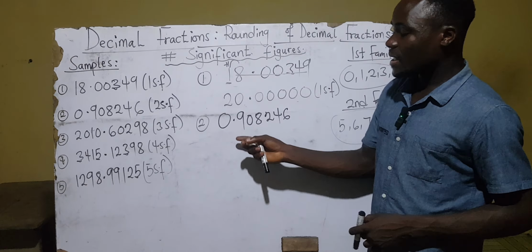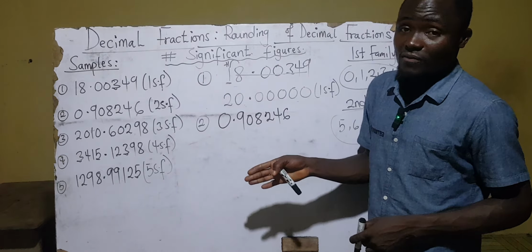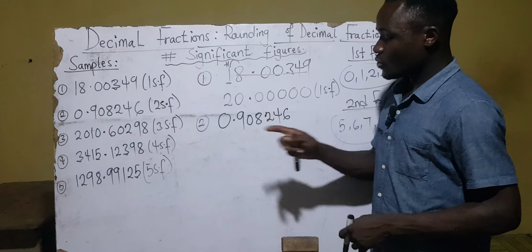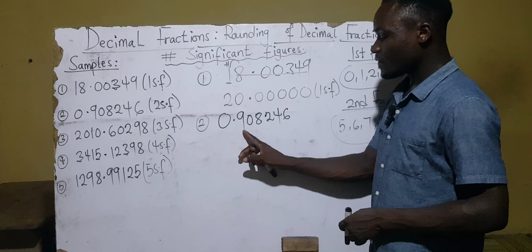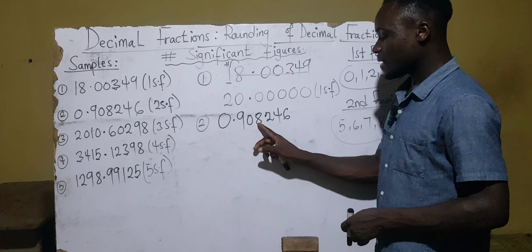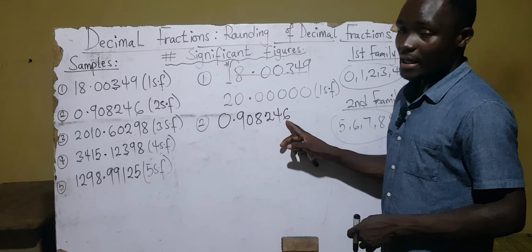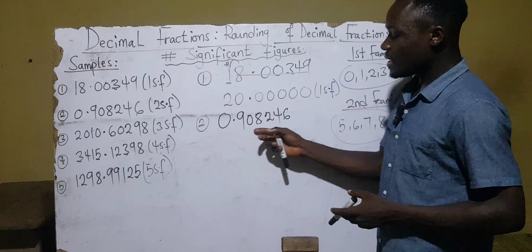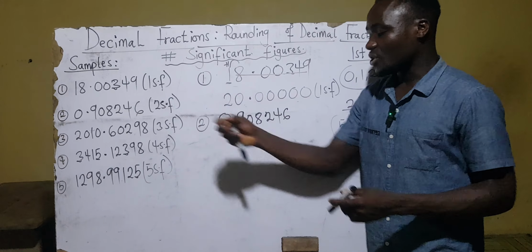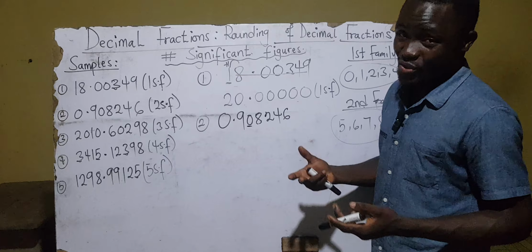We said that if 0 is found at the initial component of the decimal fraction, we don't include it. So we discard it and start from here. So here becomes 1SF, 2SF, 3SF, 4SF, 5SF, and 6SF. So I will ask you, which of these digits lies within the 2SF position? It is the digit 0 here. I believe you get it right.